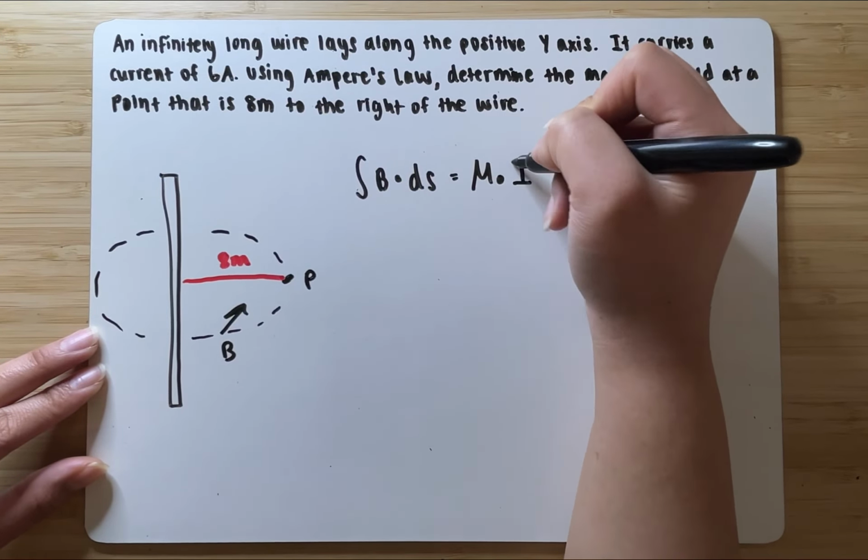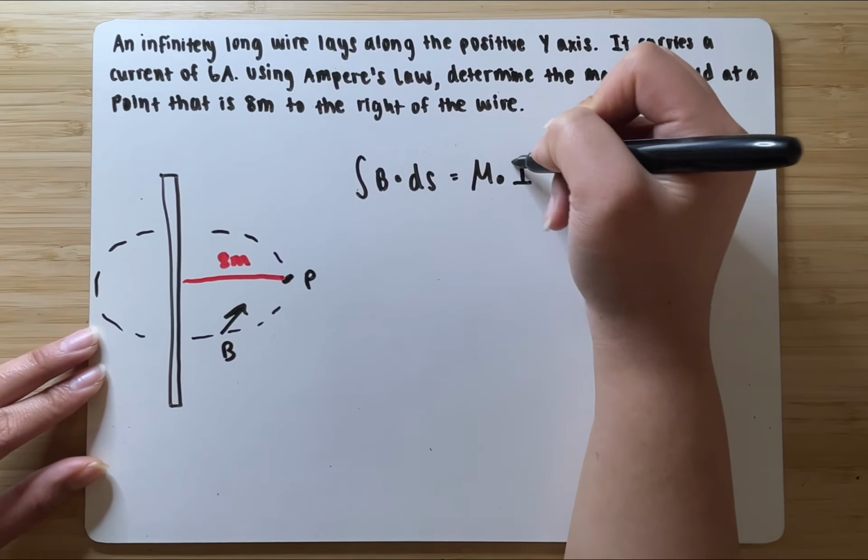The diameter would be 8 plus 8, which is 16, but the radius would be 8, okay? Equals mu naught times I, and it says here the current is 6, so you have that.